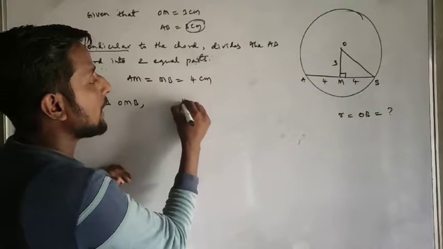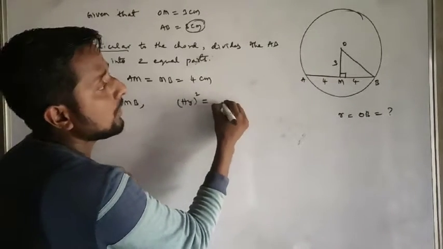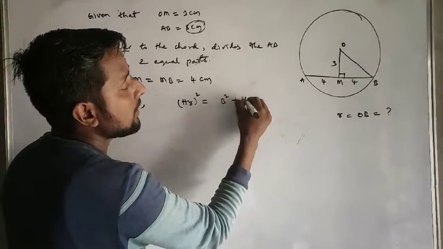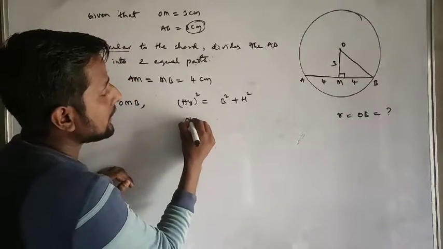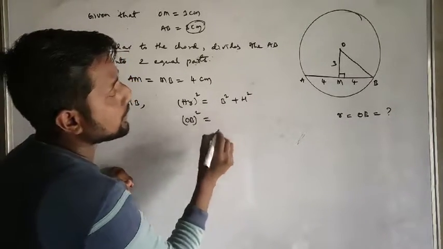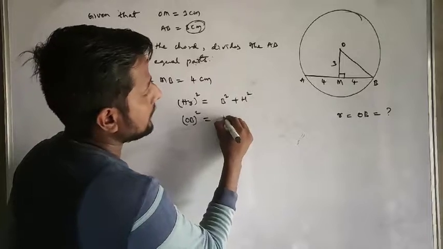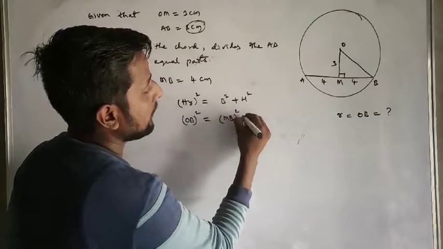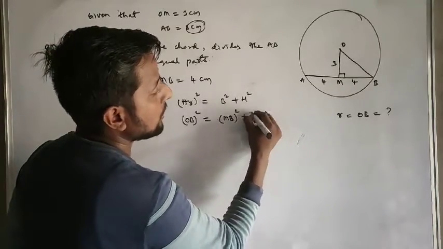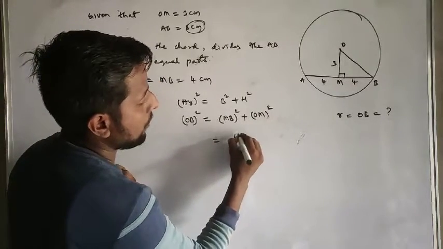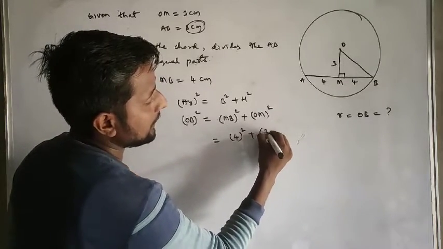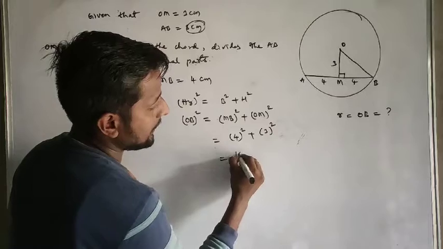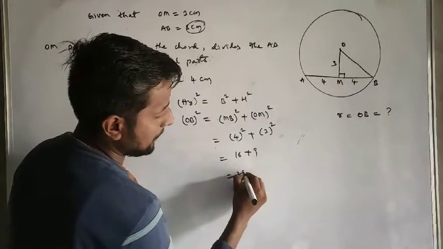So hypotenuse square is equal to base square plus height square. Hypotenuse OB whole square is equal to base MB whole square plus OM whole square. So we write 4 squared plus 3 squared, that is 16 plus 9, which is 25.